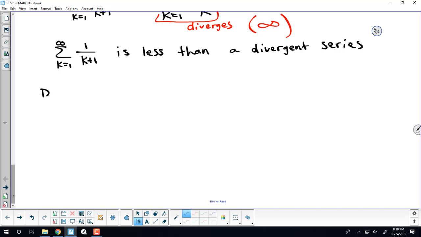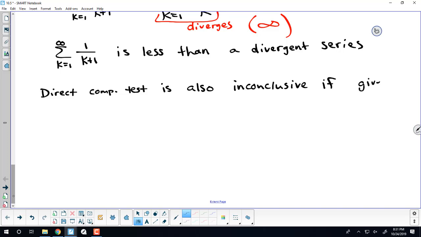The direct comparison test is also inconclusive if the given series is greater than a convergent series.